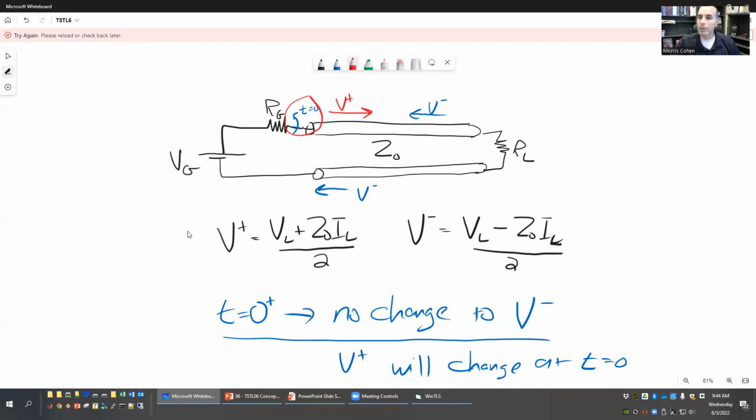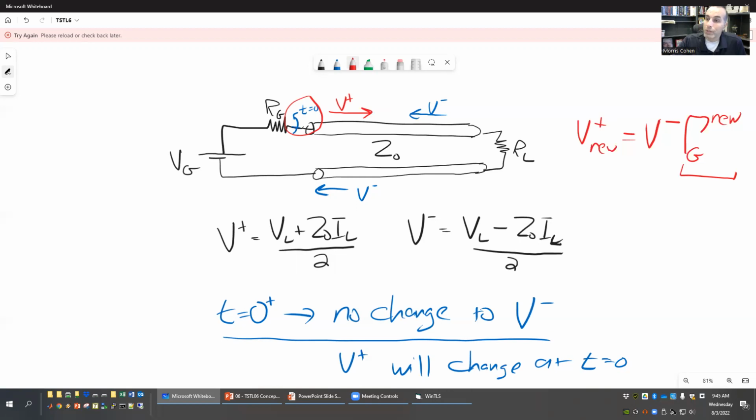And so our new V positive, which I'm going to write down, V positive new, is going to be equal to V negative times our new value of the generator reflection coefficient, gamma G new. What is gamma G new?